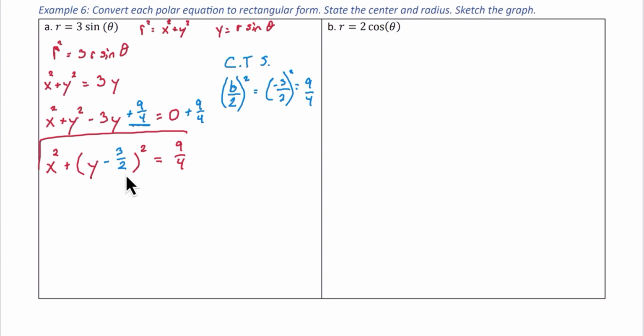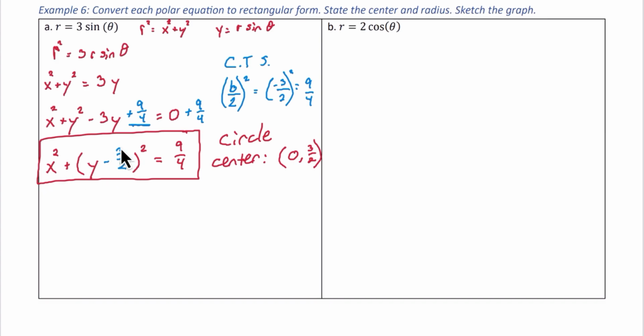Hopefully we now recognize this as a rectangular equation, but it's the equation of a circle. And when it's in standard form like this, we can identify the center. The center is 0, 3/2. We don't see a number beside x, so the x coordinate of the center is 0. And notice beside the y we see -3/2.